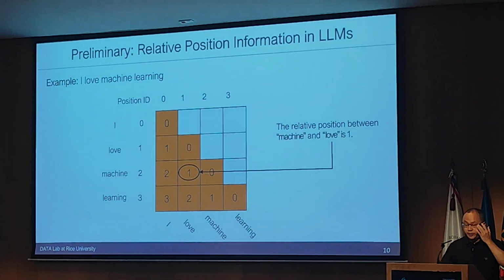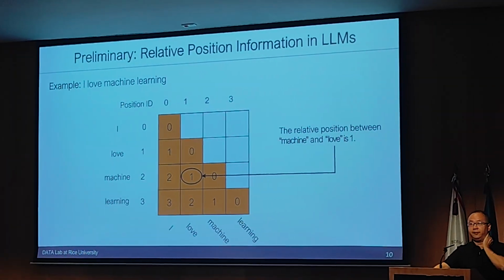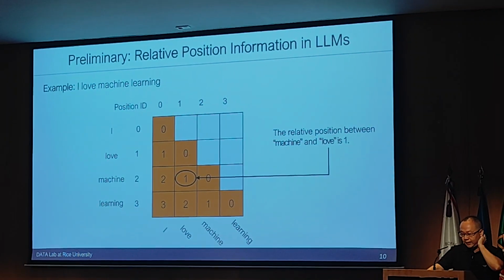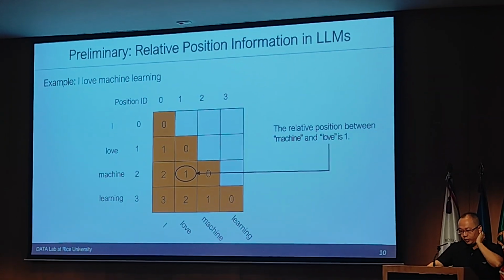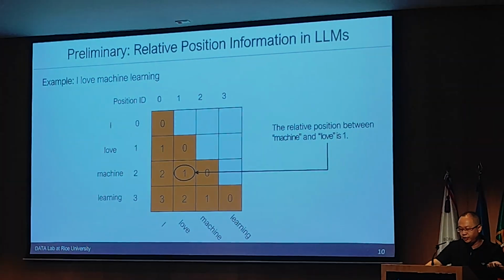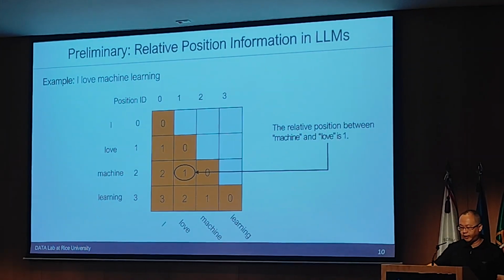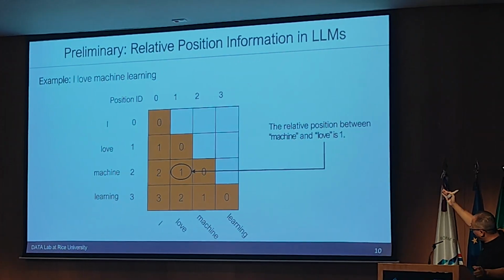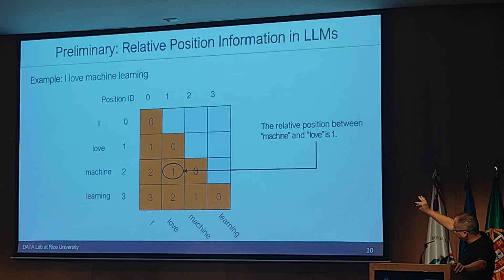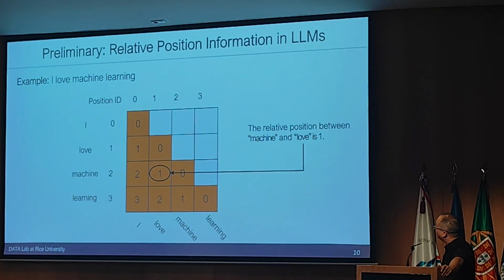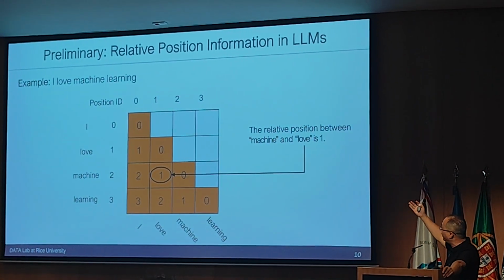Some preliminary information. One of the 5 key elements we introduced yesterday about transformers is positional information, positional encoding. Here I'm going to very quickly review the relative position information in large language models. For example, take the sentence "I love machine learning".